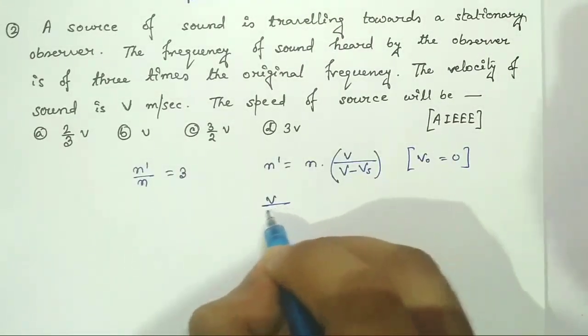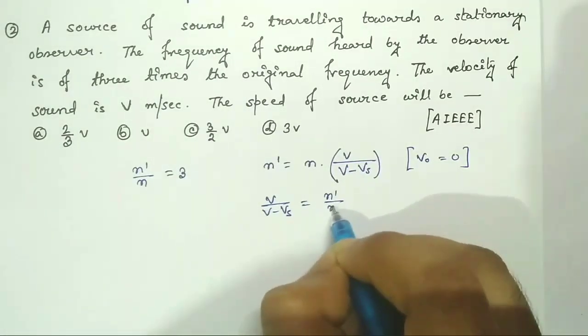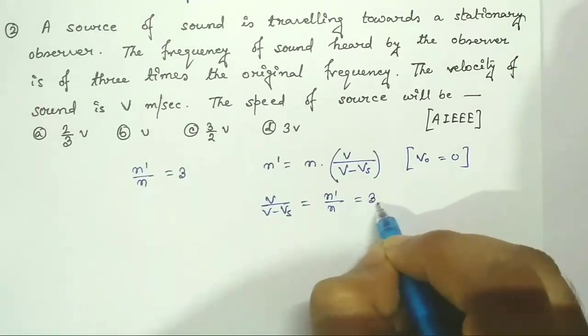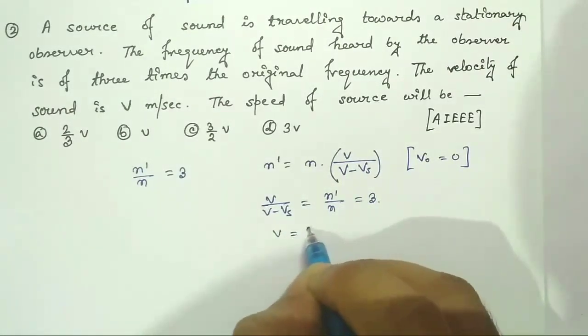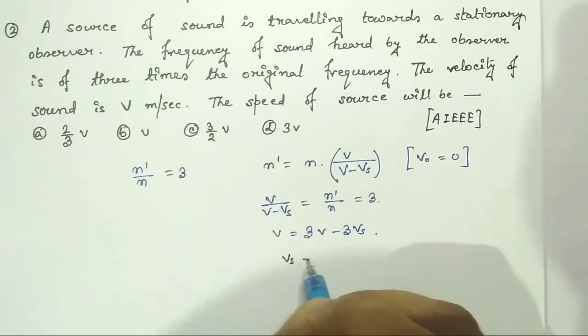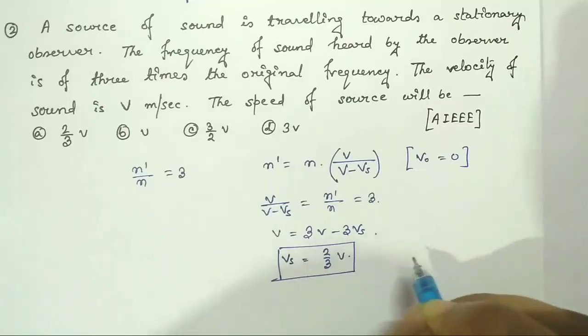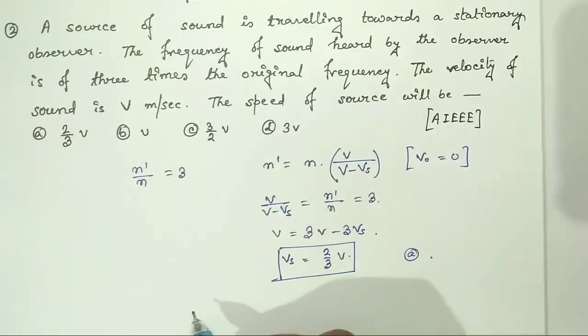Then we can say that v divided by (v minus vs) equal to n prime by n. This is actually 3. So v equal to 3v minus 3vs or vs equal to 2 by 3 into v. Very easy question. Option A is the right answer.